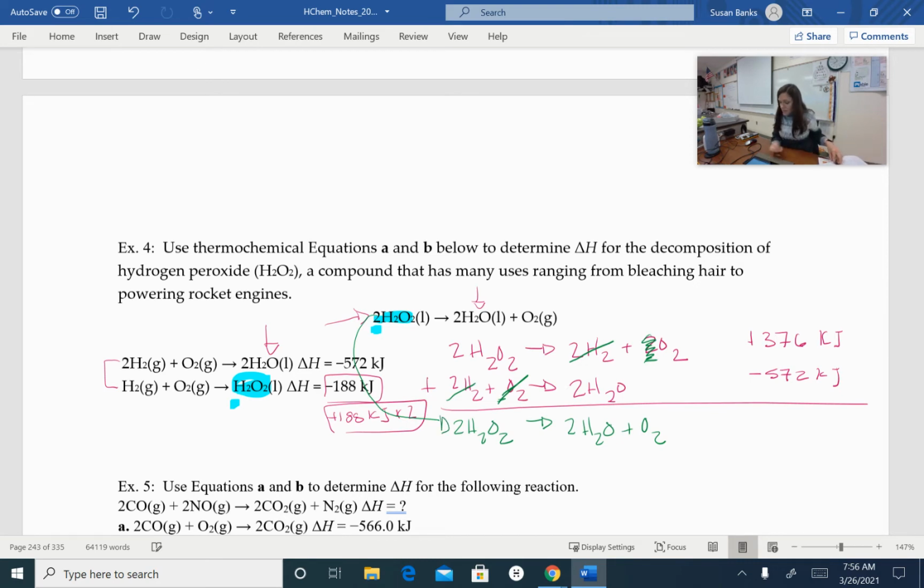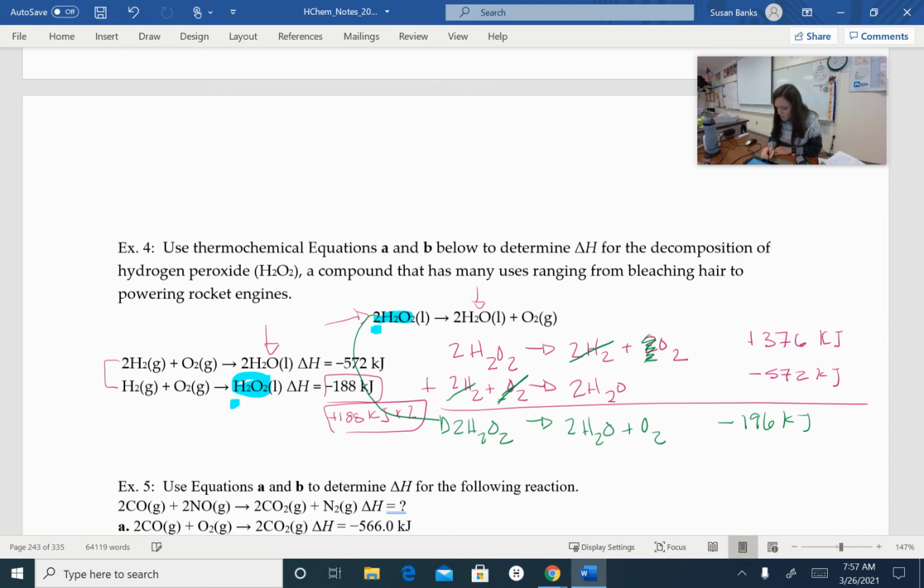It does. Now all I have to do is add up the delta H's. I have positive 376 plus a negative 572, or I could just do the minus 572. That gives me a delta H for this reaction of negative 196 kilojoules.